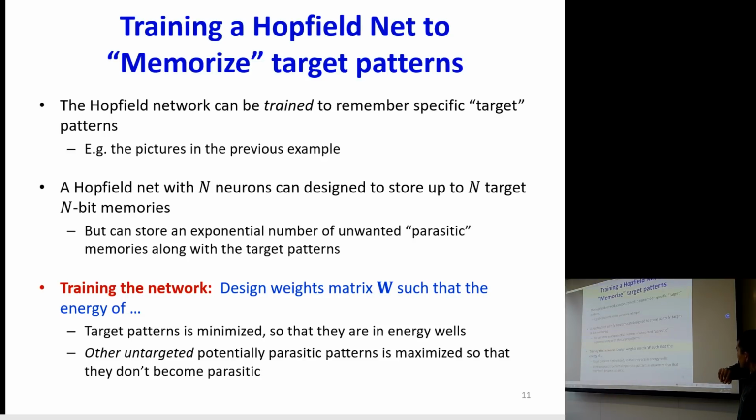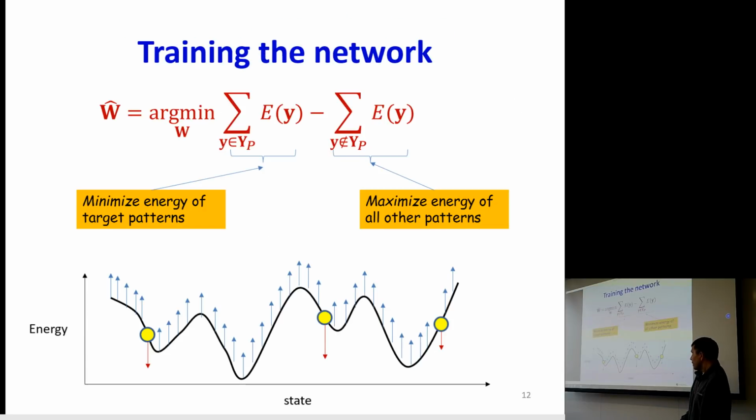So when you train the network, you want to design the weights matrix such that the energy of the target patterns is minimized, and the energy corresponding to potential parasitic memories is maximized, so that when you initialize the network randomly, it's much more likely to evolve and stop at a target pattern and not at a parasitic memory, right? So here's what we really wanted to do when we wanted to train the network.